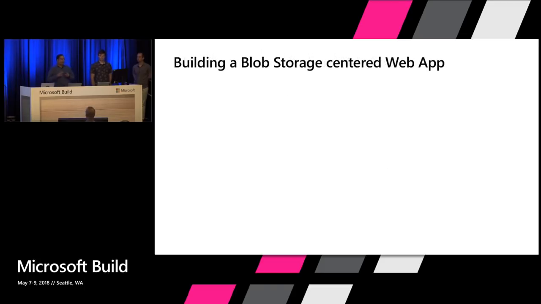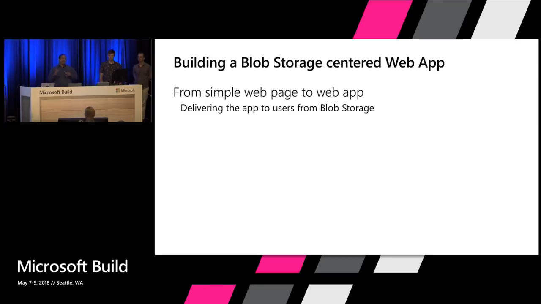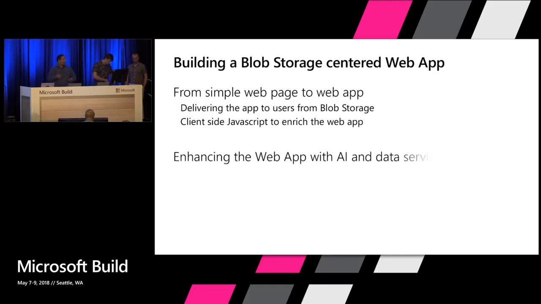So what we're going to do for most of the rest of the talk is start by building a web app. We're going to start with a very simple static web page, build that into what looks more like a web app to you. We're going to deliver that app to your users from Blob Storage, and we'll talk about the new features we're adding to make that possible. We're going to use the client-side JavaScript SDK for Azure Storage to make that web app a lot nicer.